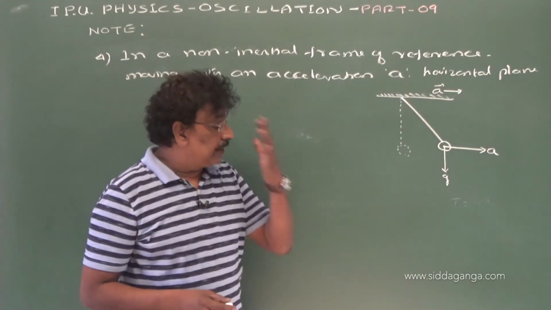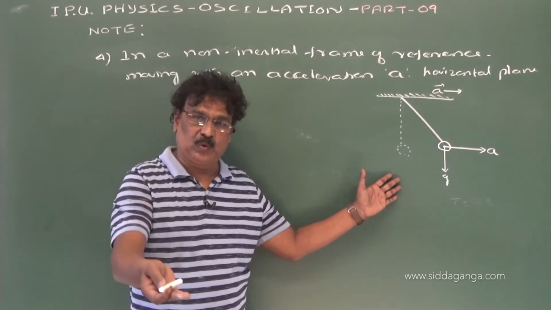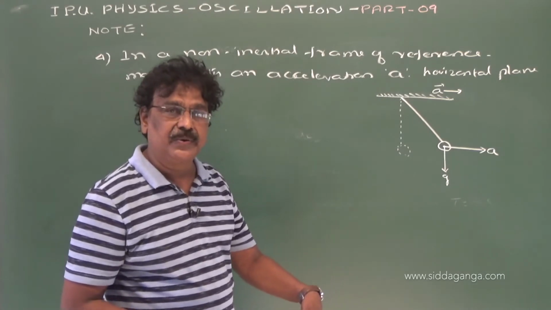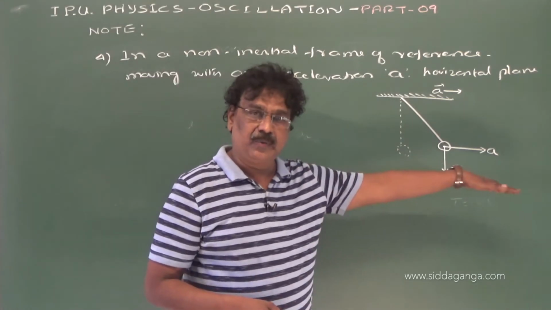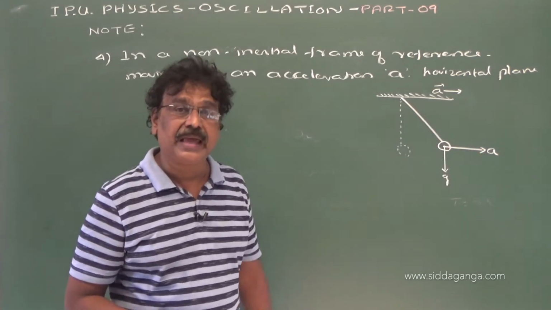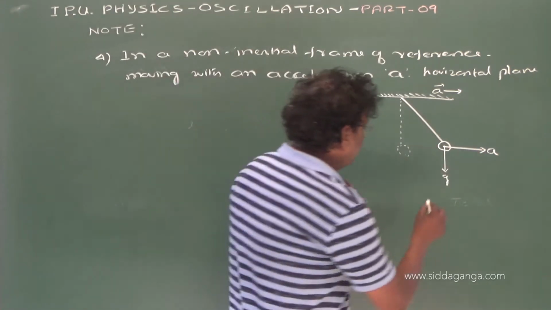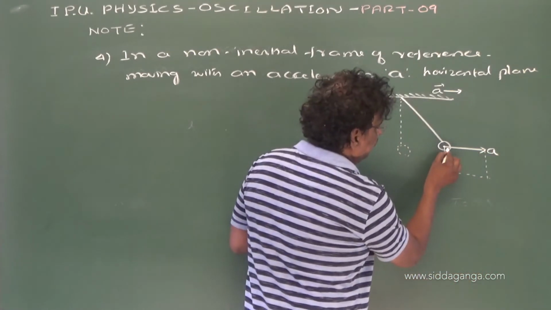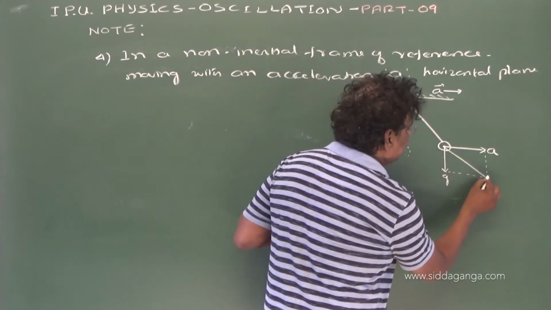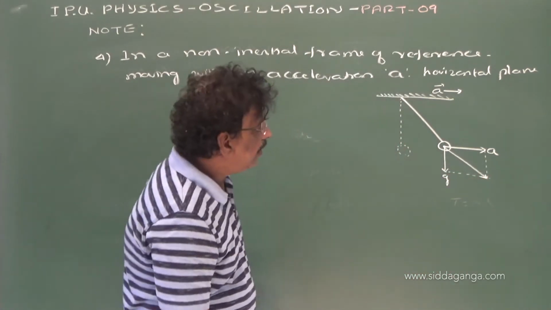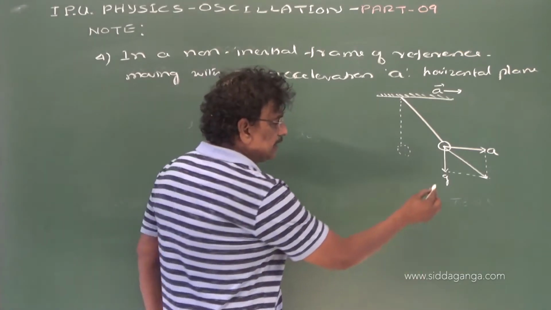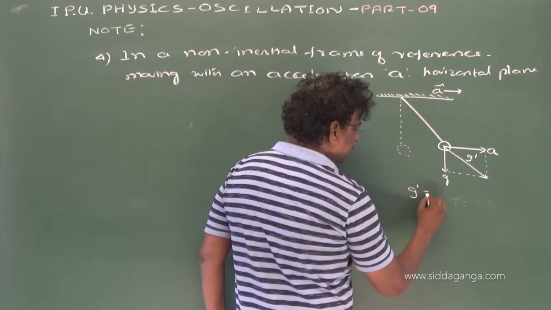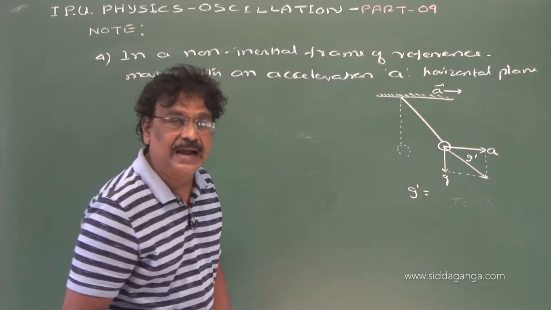Now the bob is subjected to two accelerations. One downward acceleration due to gravity and perpendicular to which, in horizontal direction, acceleration of the frame of reference. Now since we know that these two are vectors, the net acceleration acting on the bob is g dash, and the g dash is the resultant of g and a.